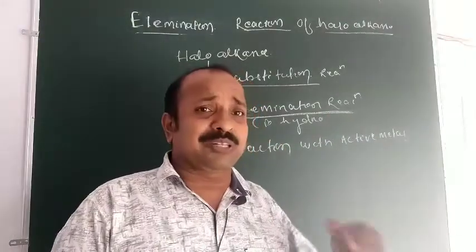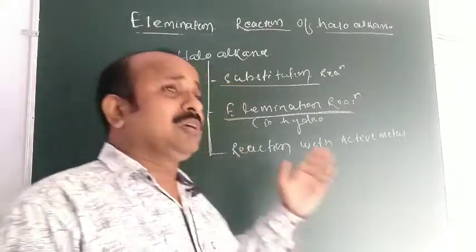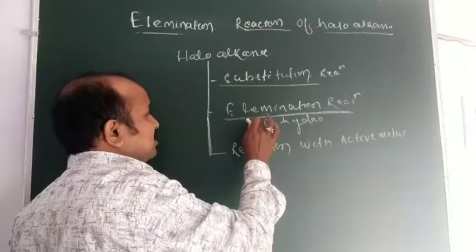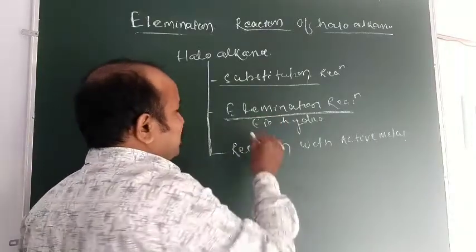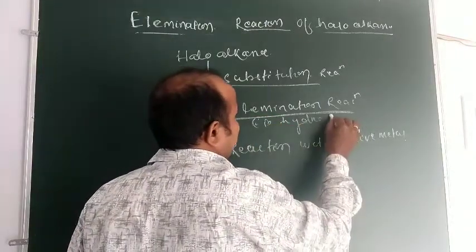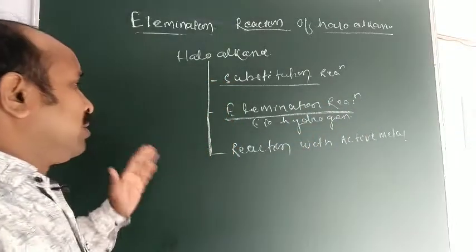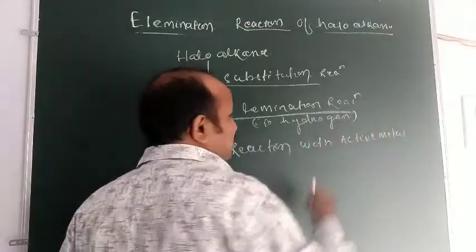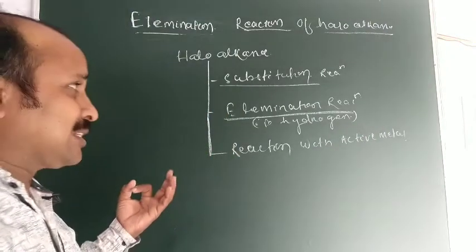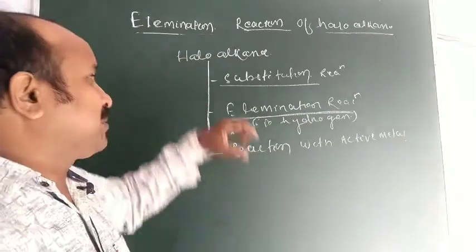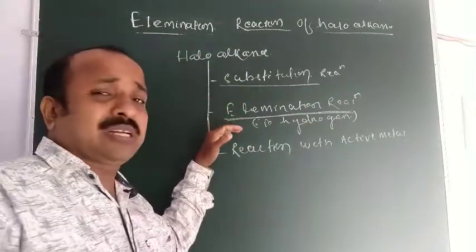Alpha gamma elimination forms a cyclic compound, which is not included in our syllabus; it is only the alpha beta elimination. Alpha beta elimination means that we eliminate the beta hydrogen from the haloalkanes.